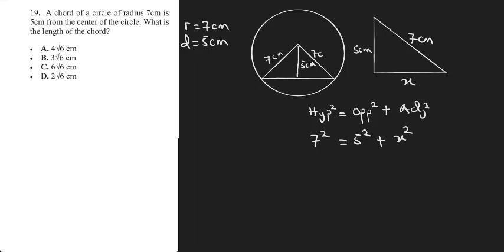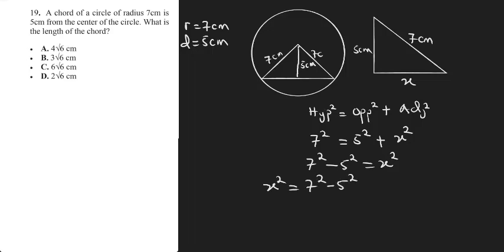So we are looking for x. This 5 squared can move to the other side, so it's going to be 7 squared minus 5 squared is equal to x squared. Another way of writing it is to rearrange it to x squared equals 7 squared minus 5 squared. It's the same thing.